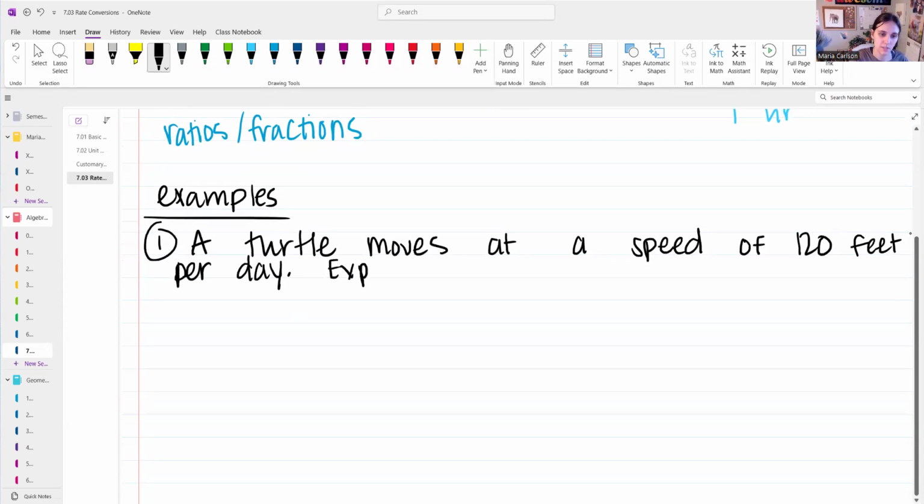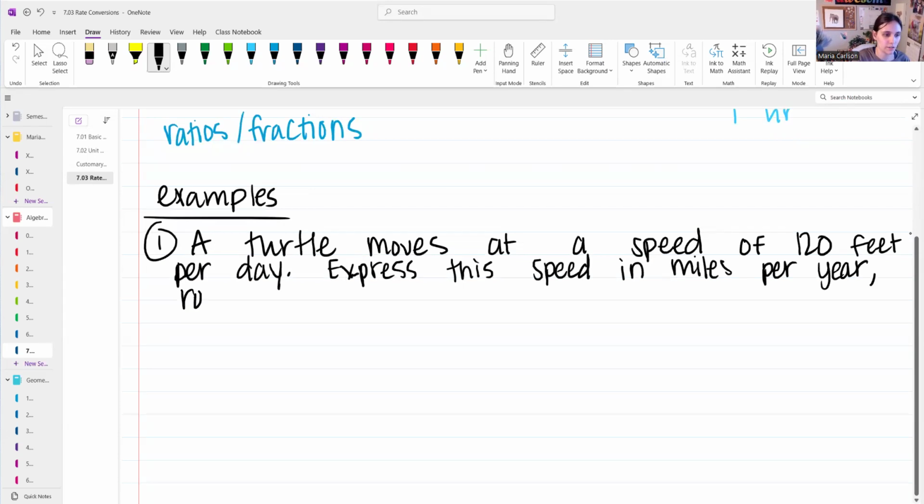Express this speed in miles per year, rounded to the nearest tenth.